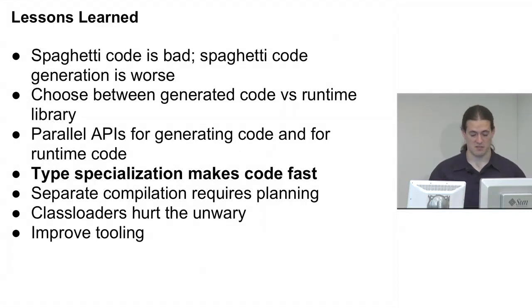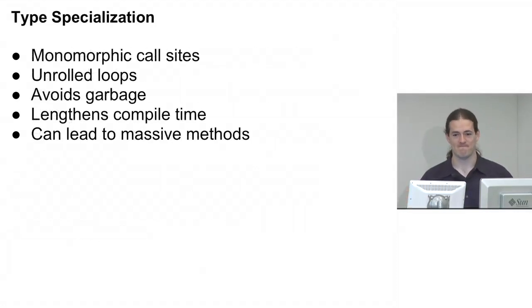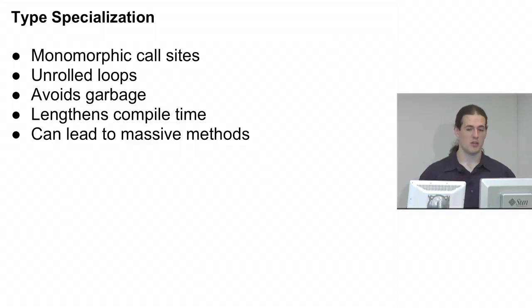Type specialization really, really makes things fast. It's one of the biggest things in our language. It makes all of your call sites more monomorphic. It lets you unroll all your type loops. You can avoid garbage. That's actually one of the biggest things we have to do in our apps, avoid garbage.